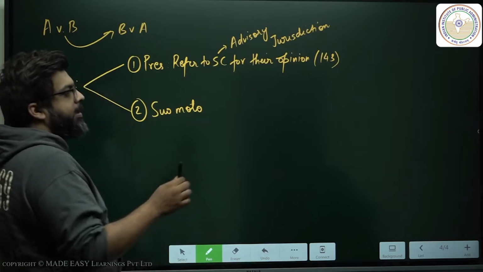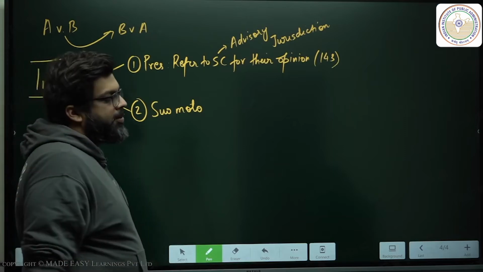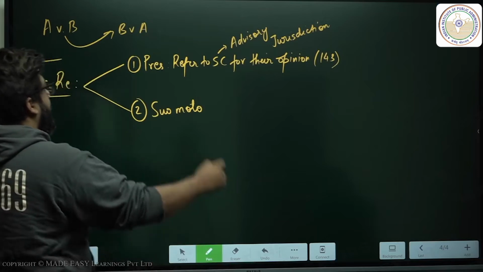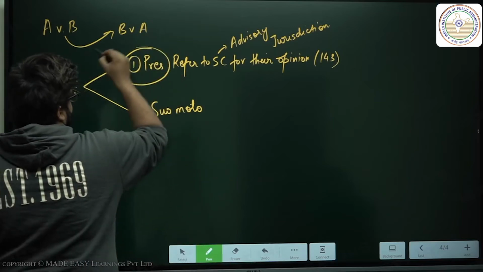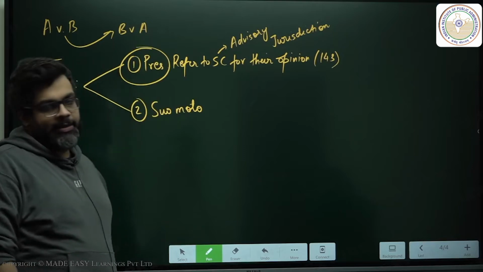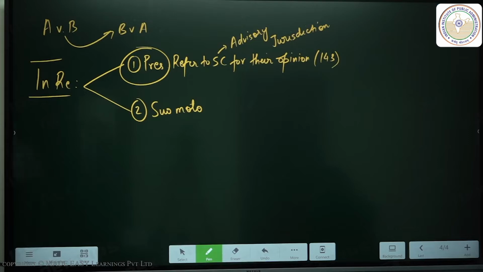So the case would be written as in reference COVID mismanagement issue by central government. Things like that. Okay? Now what happens here is that this is an issue with respect to the president. That is why it is called in reference.